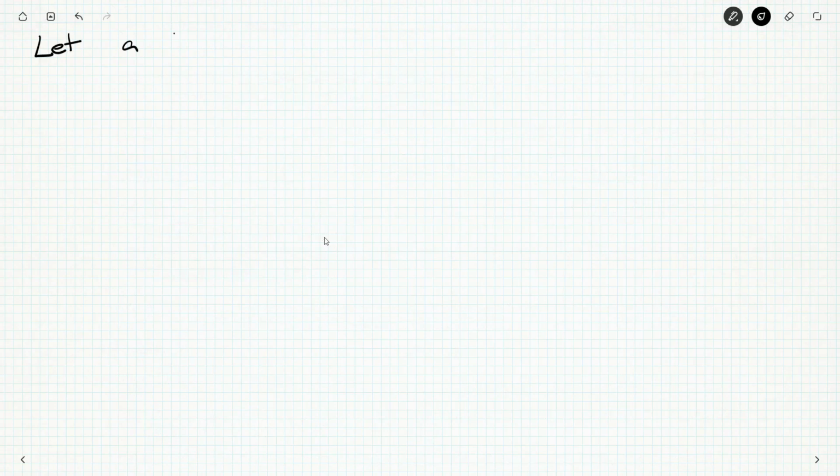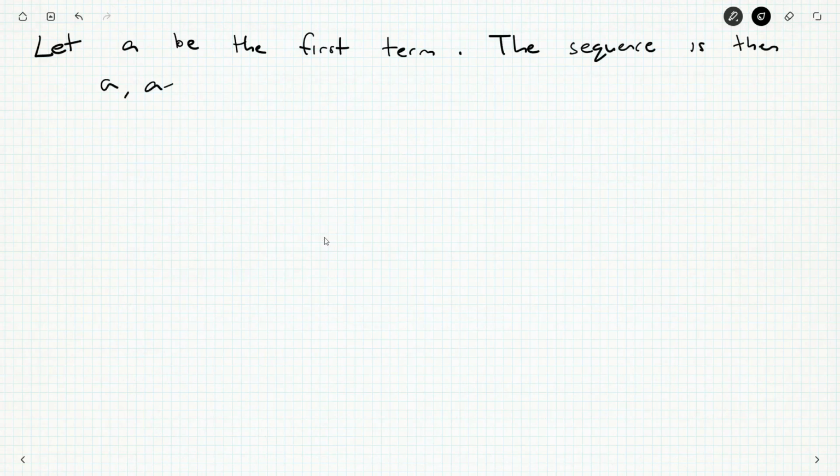So let A be the first term. This is common when you're doing any sequences. So if A is the first term, then A plus D is the next term, and A plus 2D is the term after that.